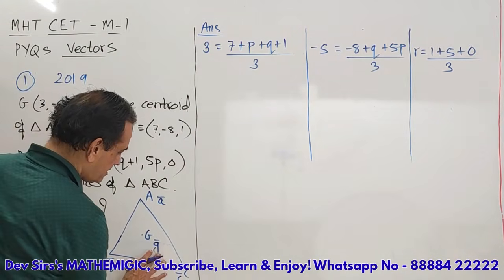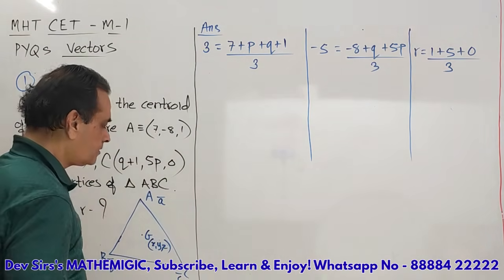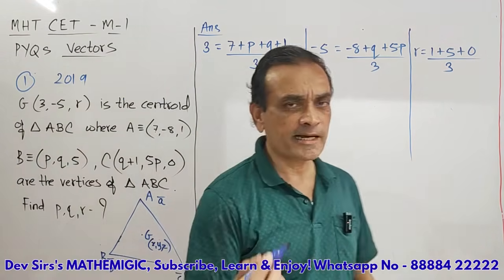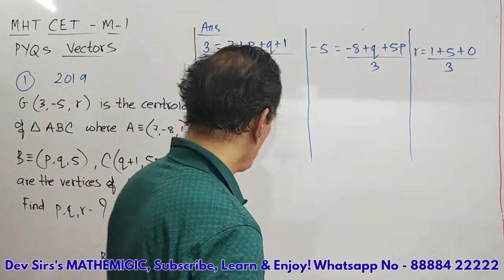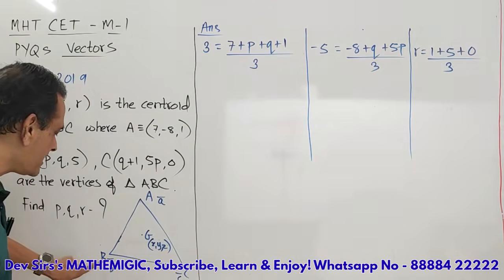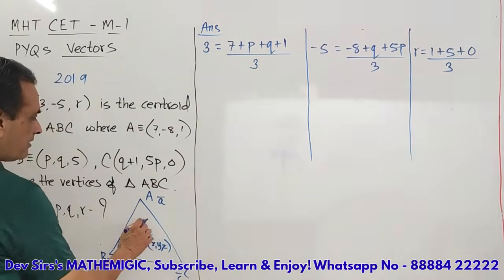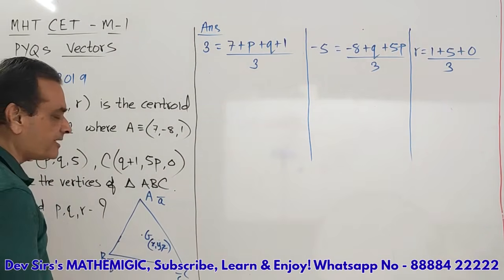If the centroid is X, Y, Z, suppose, coordinates. In 10th standard you didn't have the Z coordinate, only X and Y. If you remember, X is equal to X1 plus X2 plus X3 upon 3. Y is equal to Y1 plus Y2 plus Y3 upon 3.